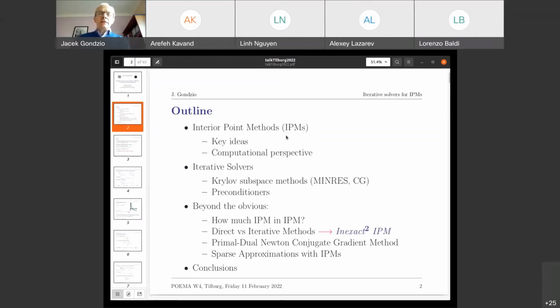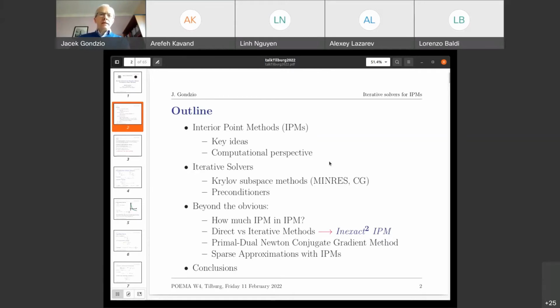At the start of it, I would like to convey the key ideas of interior point methods to you, and I believe most of you have followed some kind of undergraduate or postgraduate course on interior point methods, and you certainly have seen how beautiful these methods are.